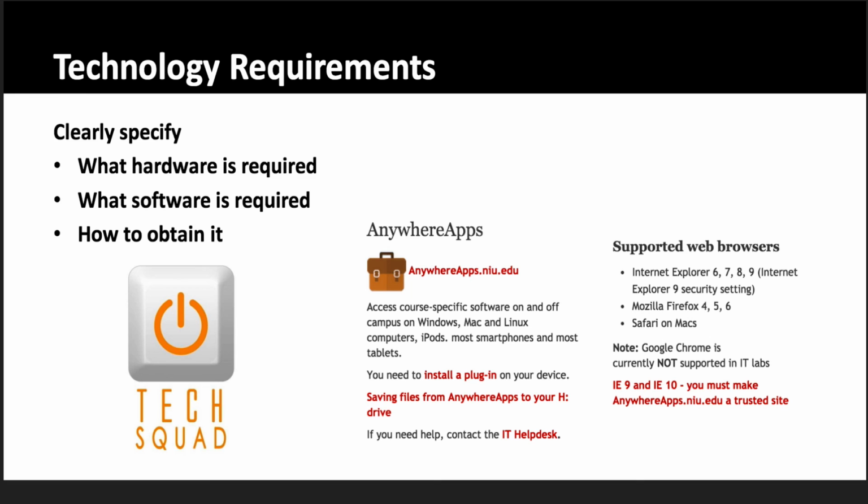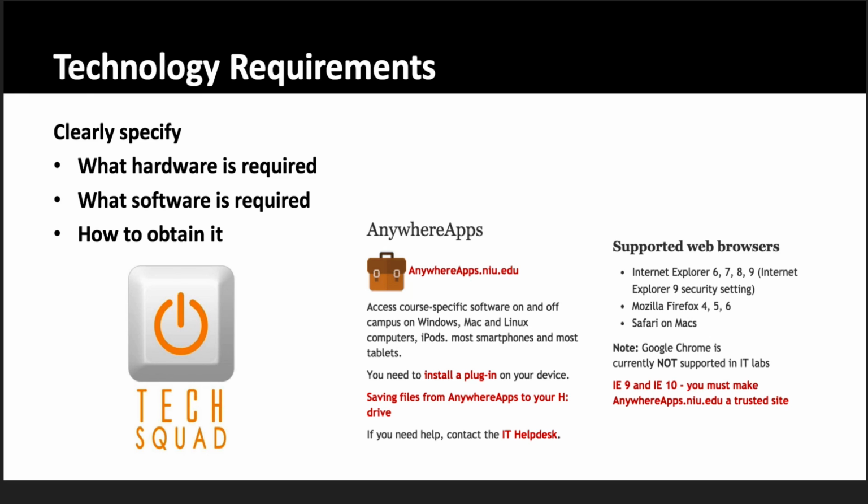The students at NIU have access to Blackboard. There may be some other technology requirements that you have for them. I always like the example of if it was a CAD programming, computer programming type of course, and they needed some CAD software.